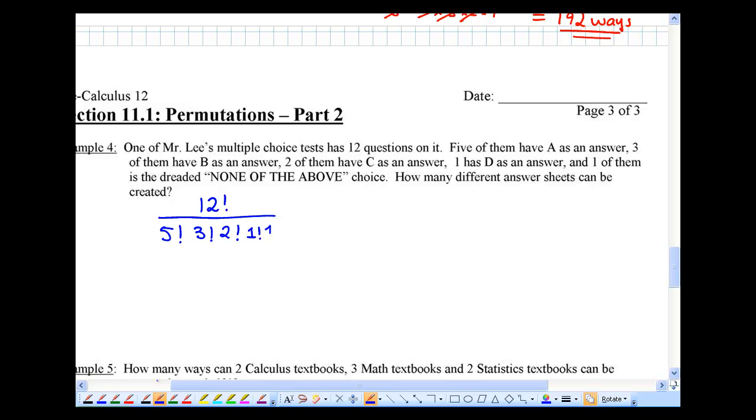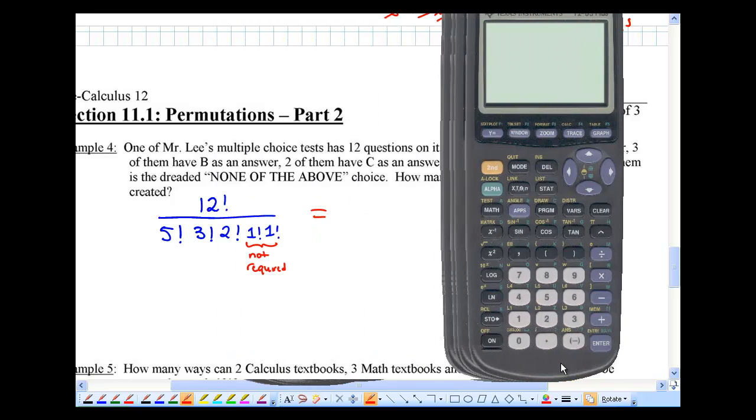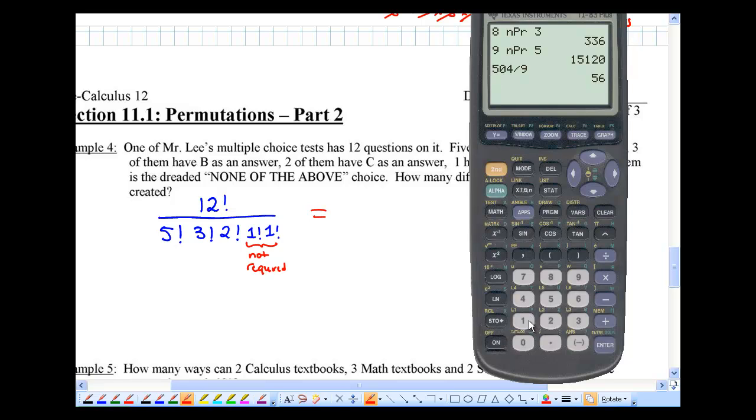Now, once again, if you want to write down 1 factorial, 1 factorial you can, but once again, not really required. You can go and try to calculate this. I'm going to actually do it on the calculator. Yes, you can if you have a graphing calculator. 12, and that factorial key is you press math, go over to PRB, and choose number 4.